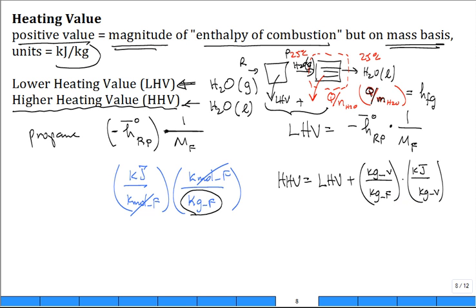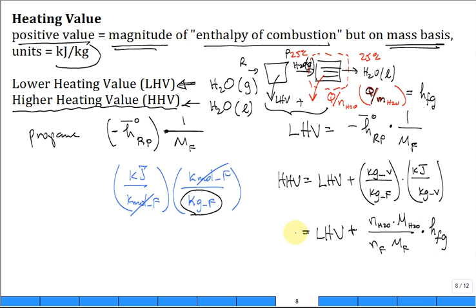So what we have is we add to the lower heating value this kilogram of vapor per kilogram of fuel. Well, it's the mass of vapor per mass of fuel, or the number of moles of the water, H2O, times the molar mass of water, divided by the number of moles of the fuel in my balanced stoichiometric equation, which is 1, we leave a 1 there, times the molar mass of the fuel, times hfg.